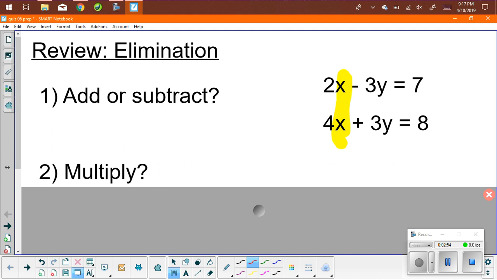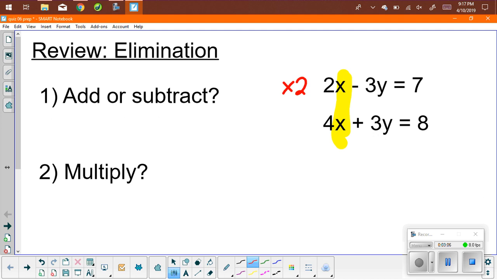What we're allowed to do is multiply the equations by something. So if I want to make them match, I can take my first equation and multiply it by 2. When I do that, I would rewrite them out just so I can see what I'm doing. My first one, when I double everything, I would now have 4x minus 6y, and 7 times 2 is 14.